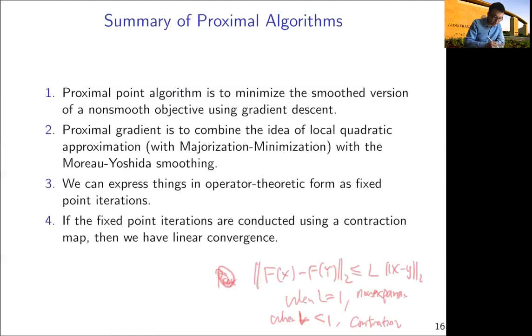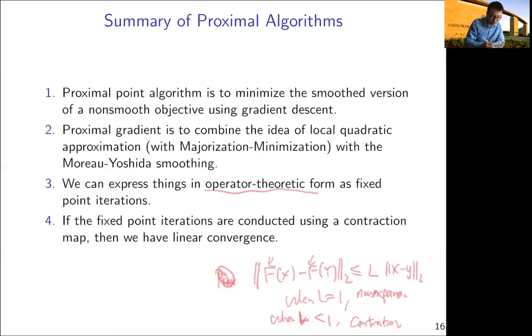So if this f is the update rule of your parameter, and you keep setting y to be the optimal parameter, then if this is a contraction and you keep doing this, you end up getting linear convergence. So the operator theoretic form is a very nice way for you to work out the convergence of the strongly convex case of the variants of these proximal gradient methods that leads to linear convergence.